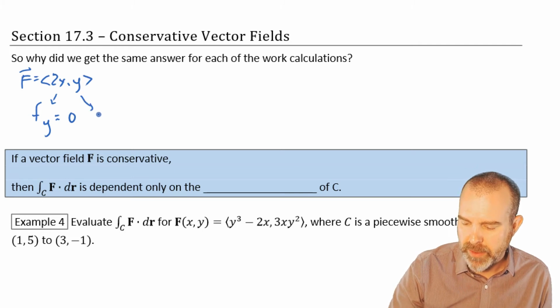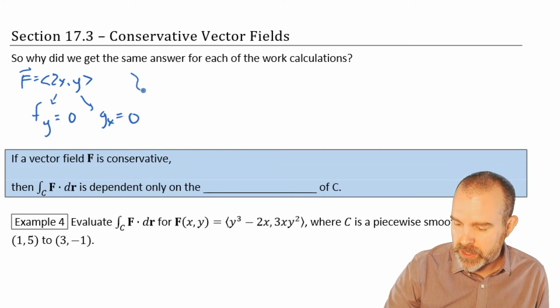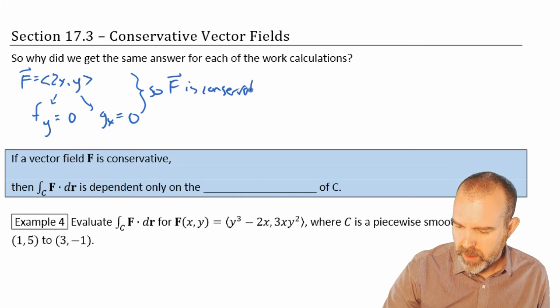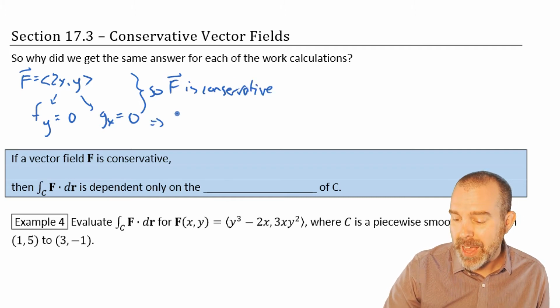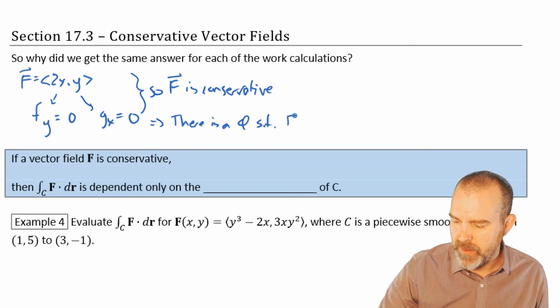The partial derivative of the g with respect to x is also 0. So this field is conservative, which implies there is a phi such that the field is equal to the gradient of phi.